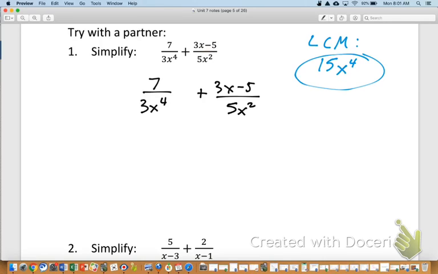How could I turn that 3x to the fourth into 15x to the fourth? What would I need to do? Just say it out loud. Oh, there it is. So if I just go times 5, I've got that lovely least common multiple. My denominator is there, and I'm good, except I'm sure you guys are thinking this.